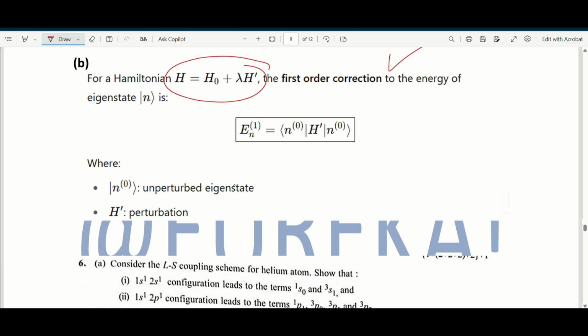if we have a system, it has an energy value, that is, the total energy equals kinetic energy plus potential energy.